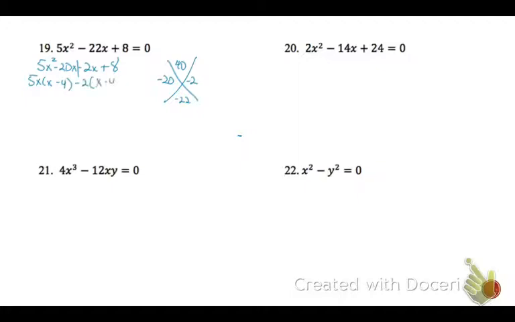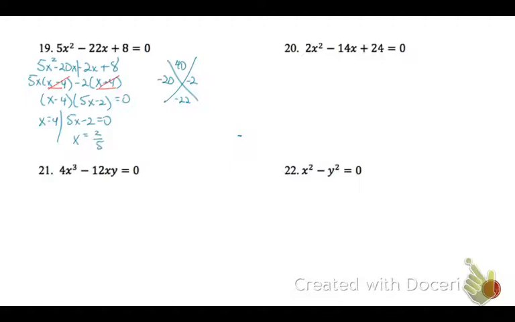We can factor out a negative 2 from our second set, and that leaves us with an x minus 4. Now our common expression is x minus 4, which comes to the front, and we're left with 5x minus 2. So we set those each equal to 0, and x will equal 4, and then we add the 2 and divide by 5, so x will equal 2/5.